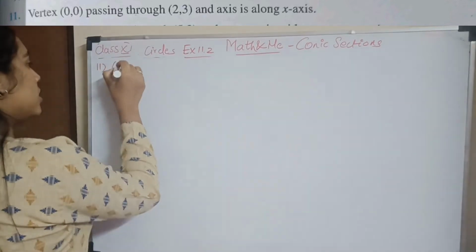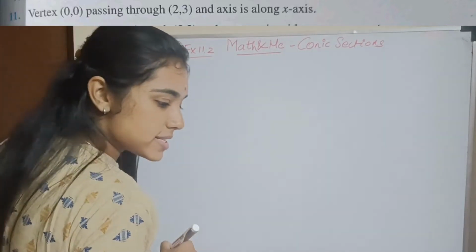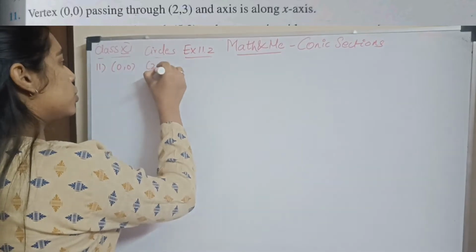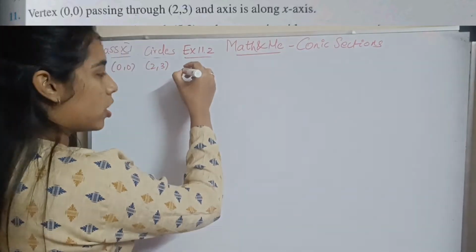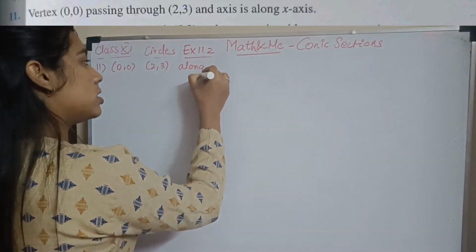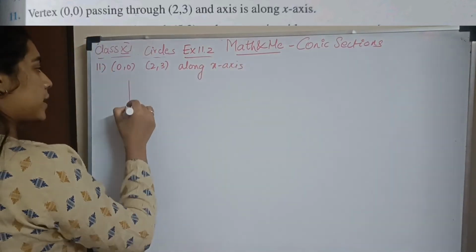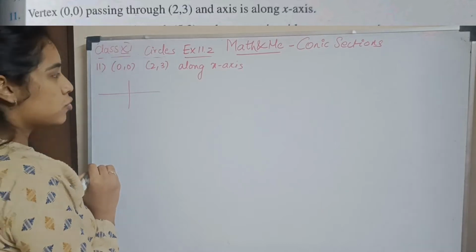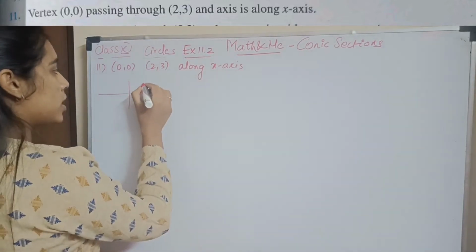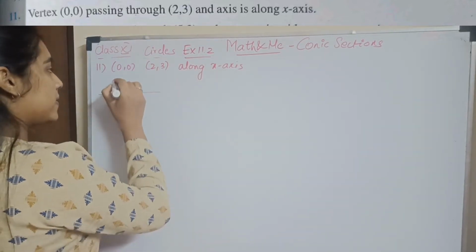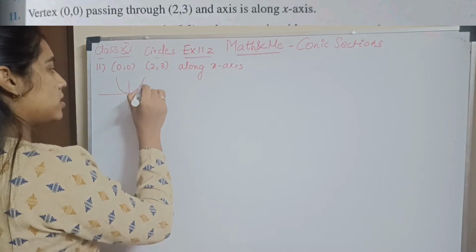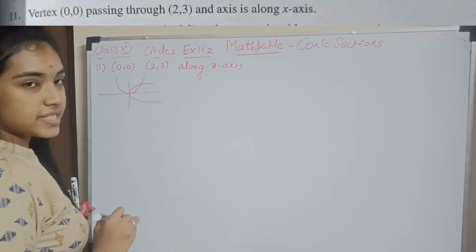Question number 11. Vertex is at 0 comma 0, passing through 2 comma 3 and is along the x-axis. Even if this is not given, how do you know where the parabola lies? Where does the point 2 comma 3 lie? 2 comma 3 lies here. So either it is an upward parabola or a right-facing parabola.